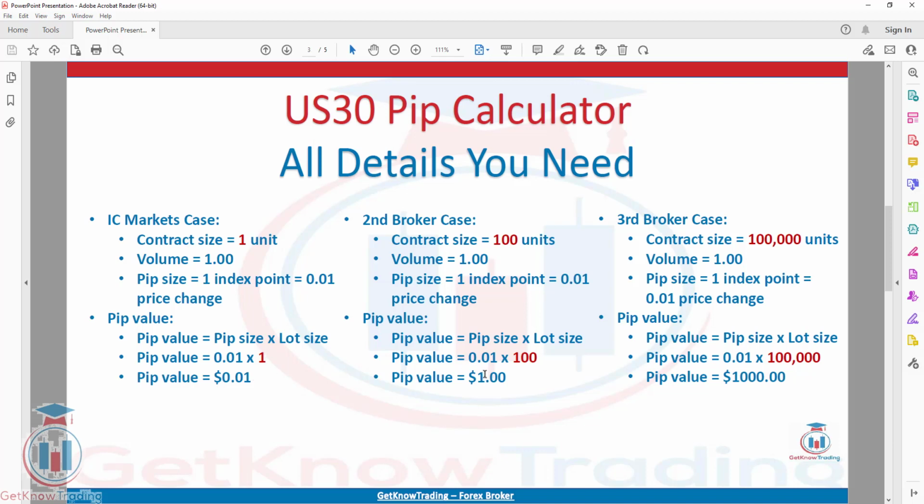There are also other brokers that define the contract size as 100 units. When you put those values into the calculator, you get a pip value of $1. So when the price changes by 1 pip, that change means $1 on your trading account.